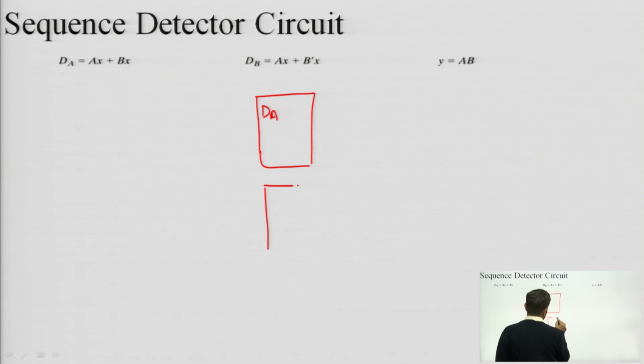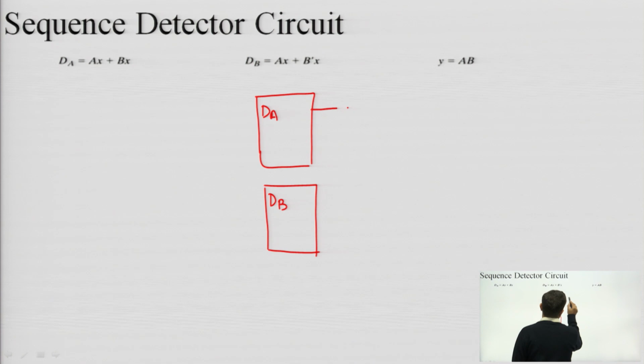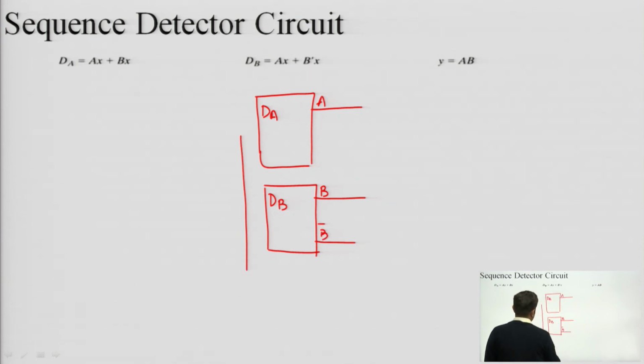So this will be DA, a flip flop, this will be DB. Its output will be named A, and this will be named B, and this will be B bar. Clock will be common to both.